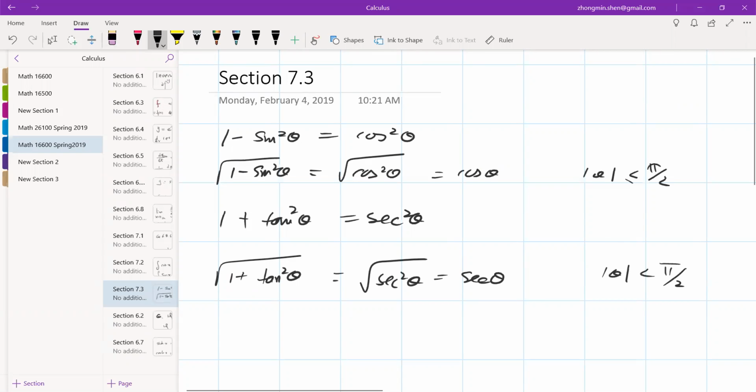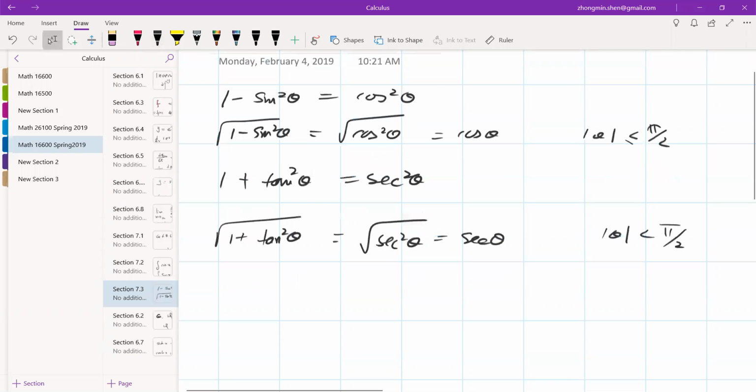So this is the second formula. If you see the square root of 1 plus something square, and you use a substitution to get secant square, then the radical, the square root of secant square, will be just secant.